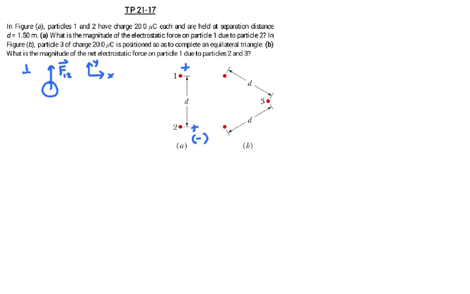So if one of my charges were negative, I wouldn't put in negative 20 microcoulombs. I would put in 20 microcoulombs. I would allow the comparison of my two charges at play to decide the direction of the force.